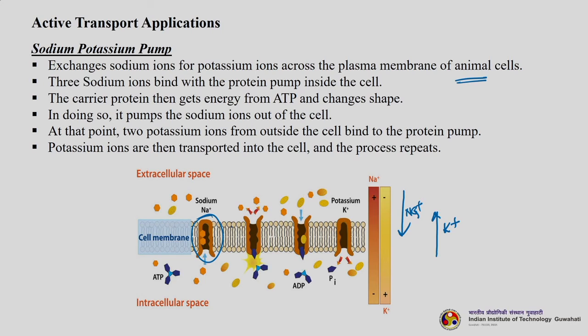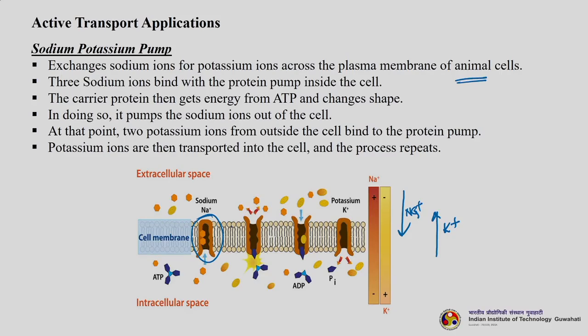Then the potassium ions are transported into the cell and the process repeats. You can remember that this is like the antiport mechanism we have just discussed: three sodiums are exchanged with two potassium ions.